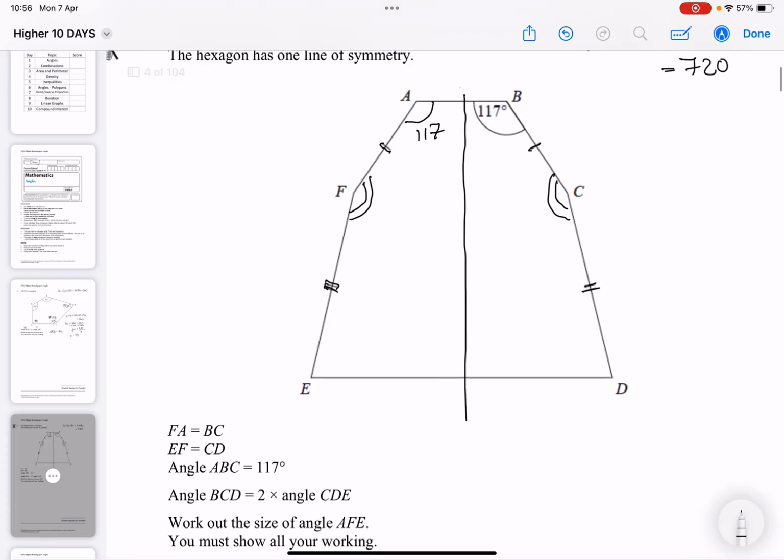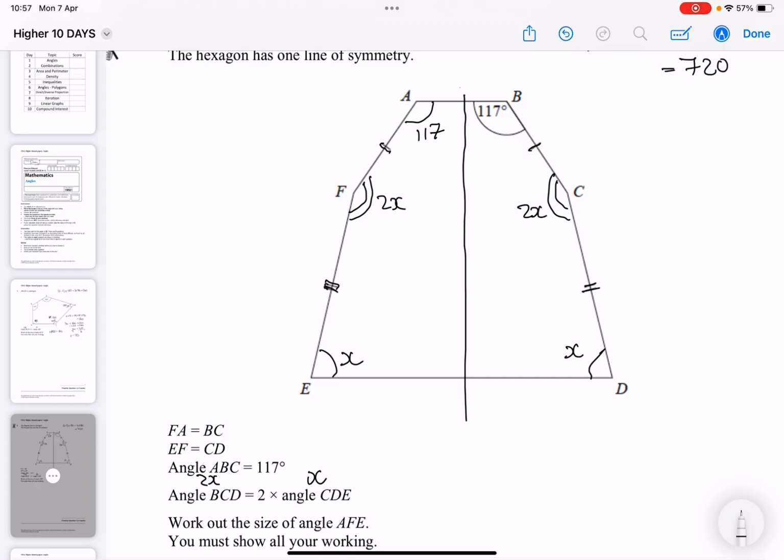Angle BCD is 2 times angle CDE, so CDE would be x, that would be 2x. CDE is this angle, which is x, that is 2x. Because of the symmetry, that is 2x, and that is also x.